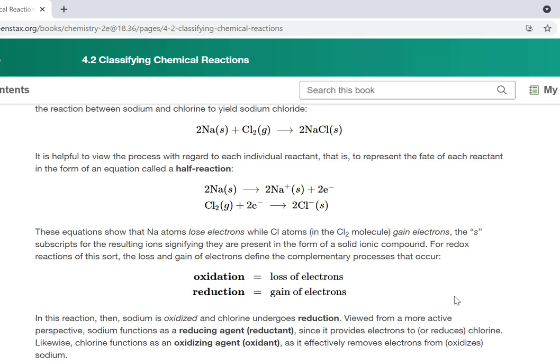However, there is something we'll be doing with this that will help it make a bit more sense as we get into oxidation numbers. But essentially, you'll have to sort of memorize which goes with which. So oxidation is loss of electrons, reduction is gain of electrons. If you Google, you can find a few mnemonic devices to help you with that if that works for you. Otherwise, just remember which is which.